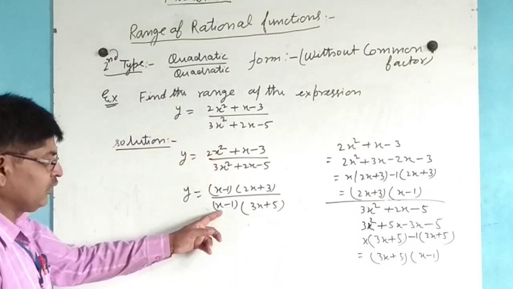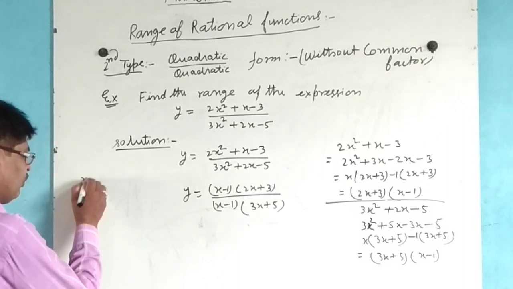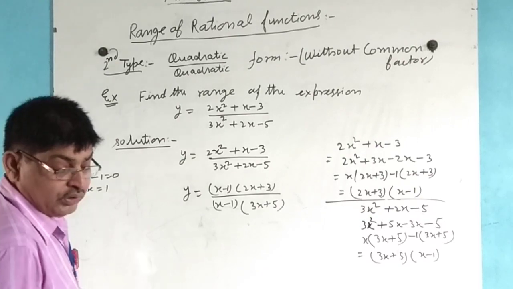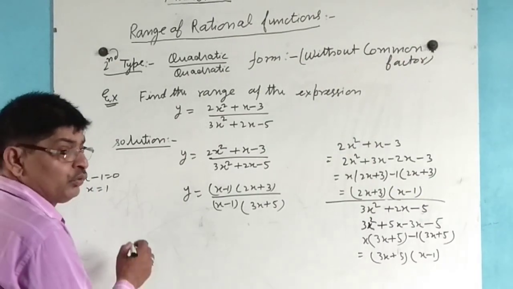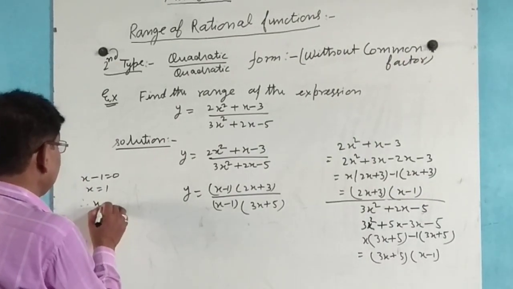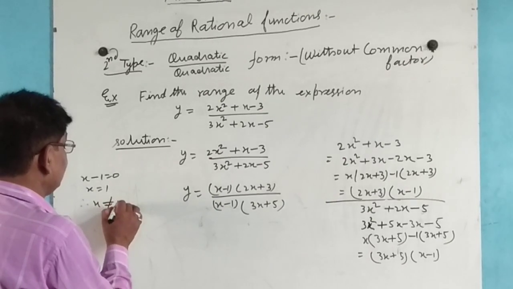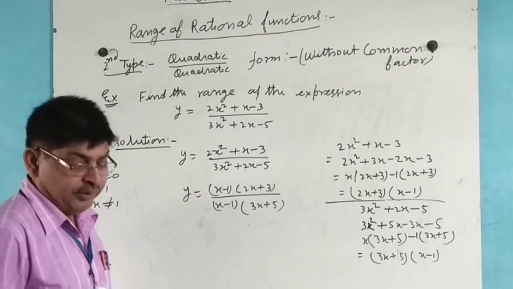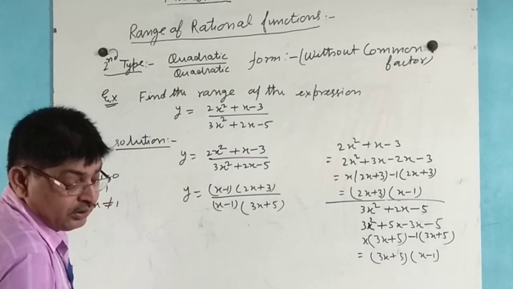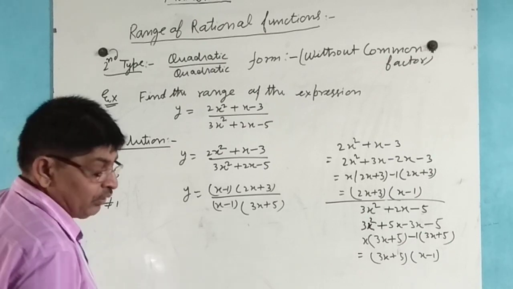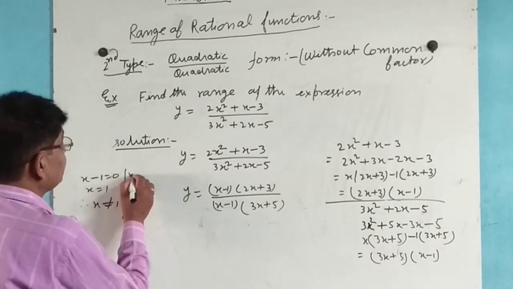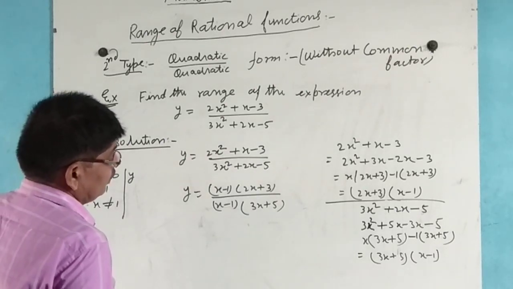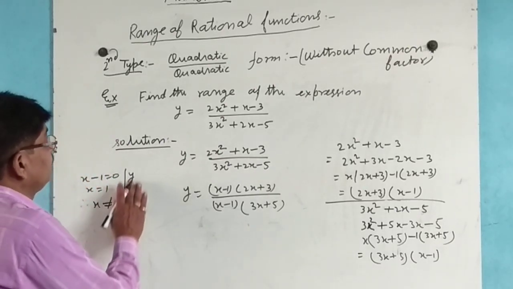Now x minus 1 equal to 0, x is equal to 1, so that x does not equal to 1. X does not equal to 1 because if we put x equal to 1, this becomes infinite, and y is equal to 3x here.